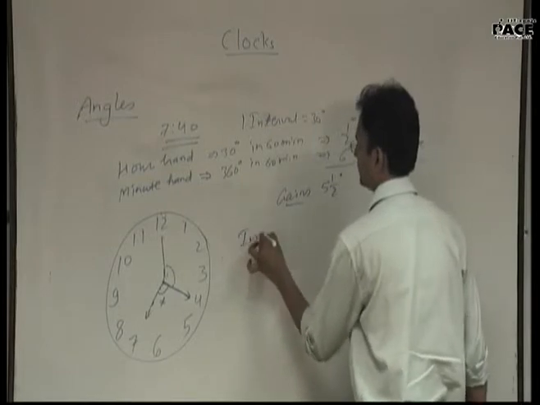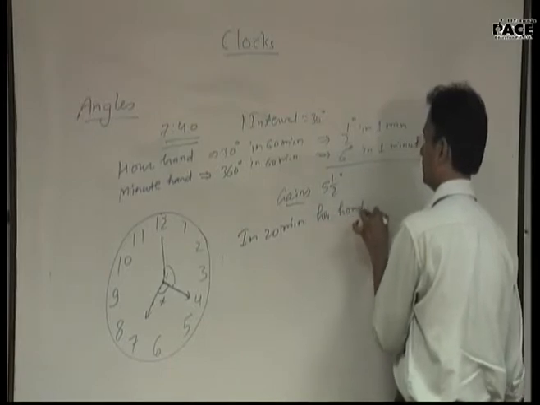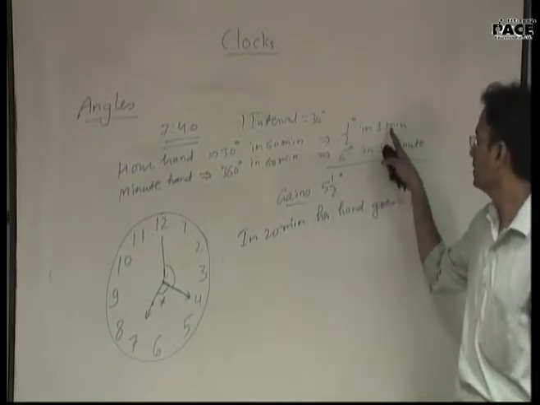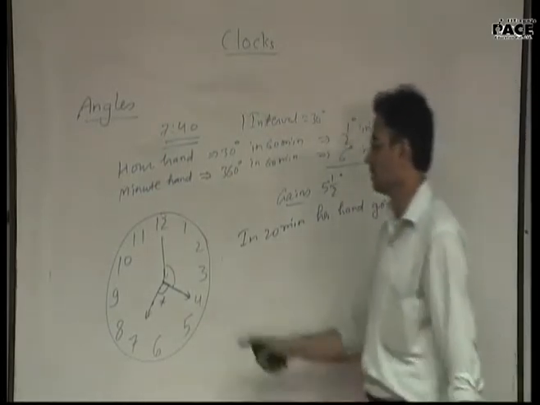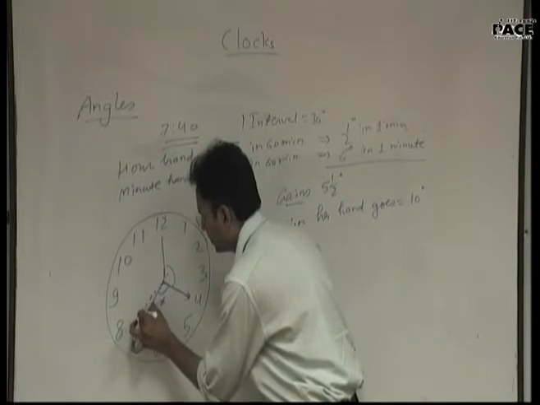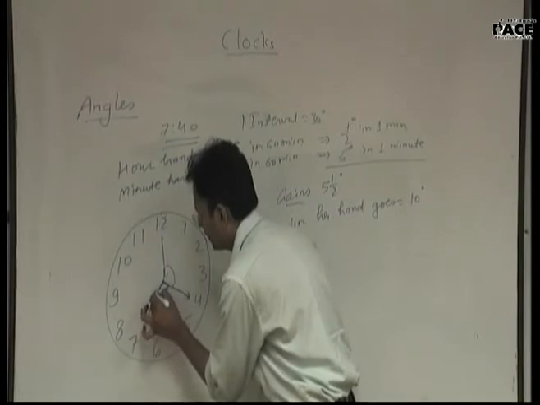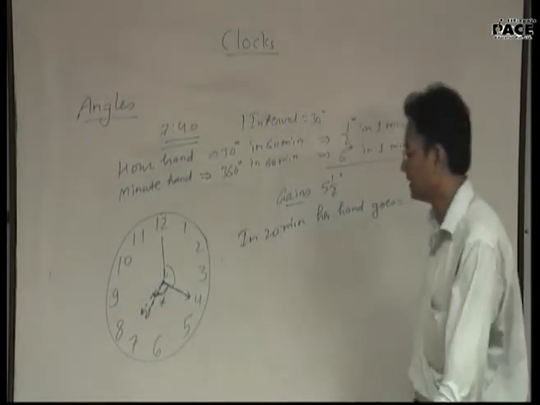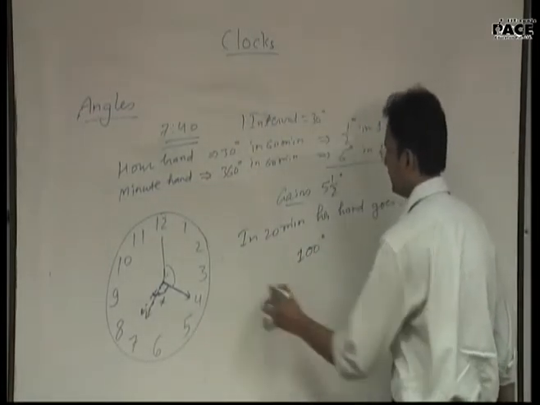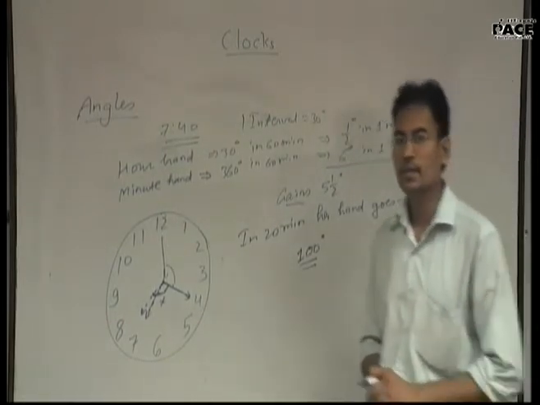So in 20 minutes, the hour hand goes 10 degrees, half a degree in 1 minute, 10 degrees in 20 minutes. So this angle will be this angle. The true angle is this, that is 90 plus 10 degrees. So we can say that at 7:20, the angle is 100 degrees between the hour hand and minute hand.